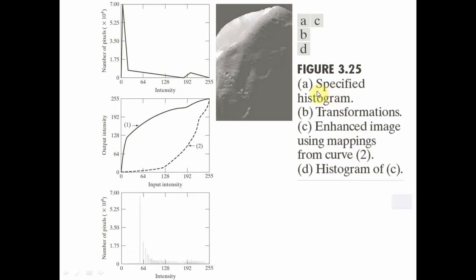Now you have a specified histogram; the figure shows the specified histogram. The specification should be like this only. Now you have a transformation, and then you have the enhanced image using mapping from the curve to enhance the image. That is the enhancement after doing some transformation. This curve 2, number 2.